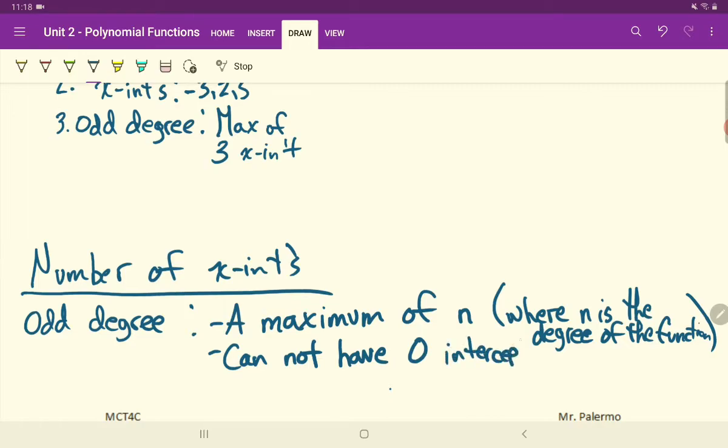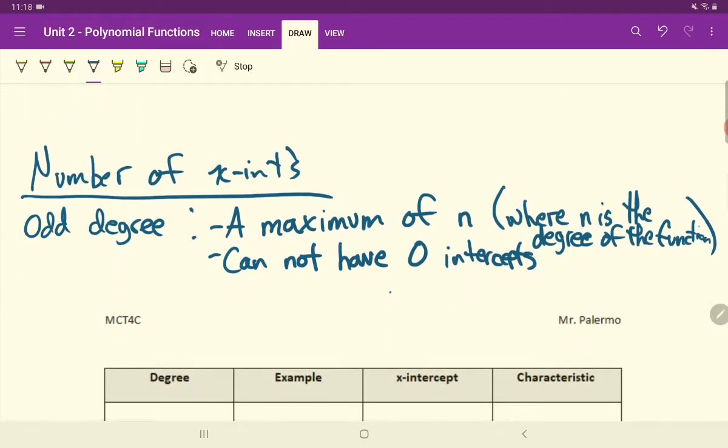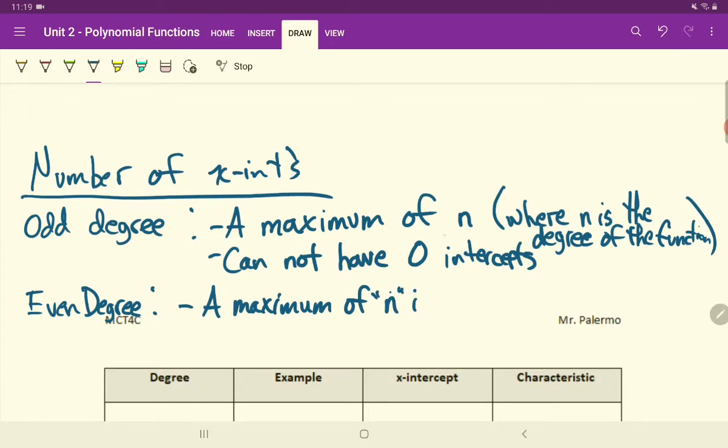Now, for an even degree, it's a little bit different. You can have, again, a maximum of n intercepts, where n is the degree of the function.